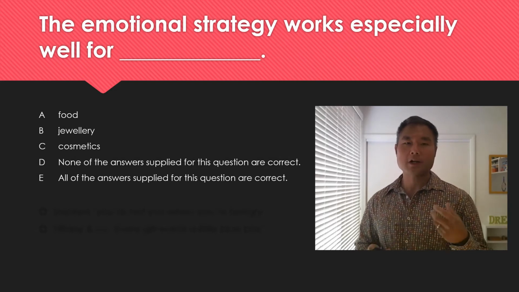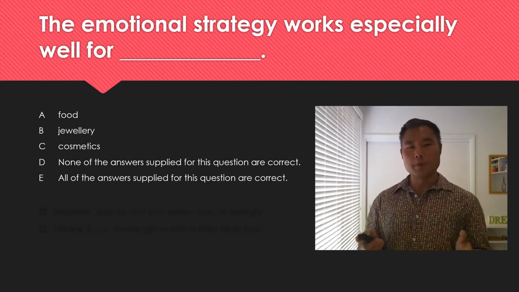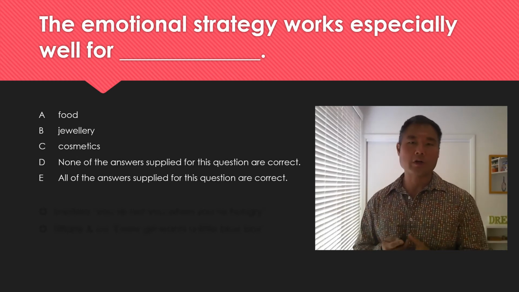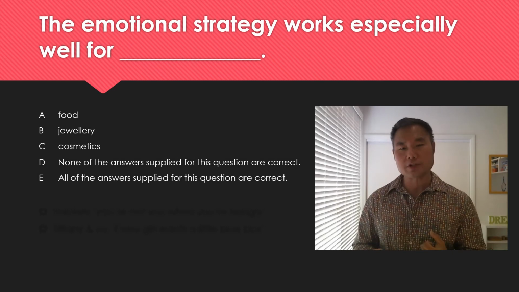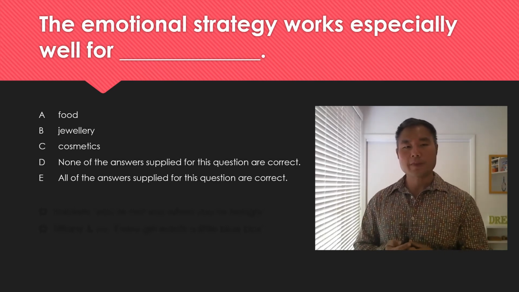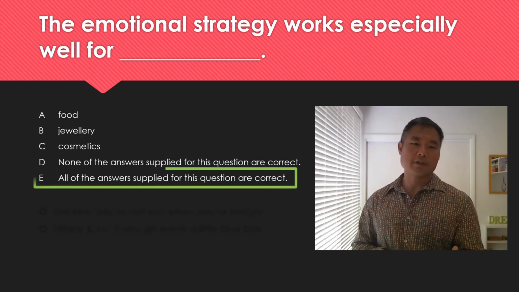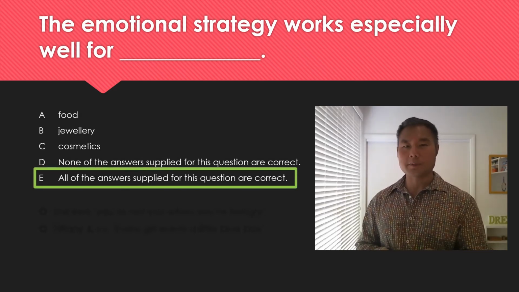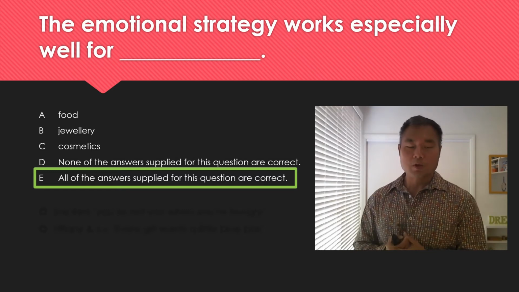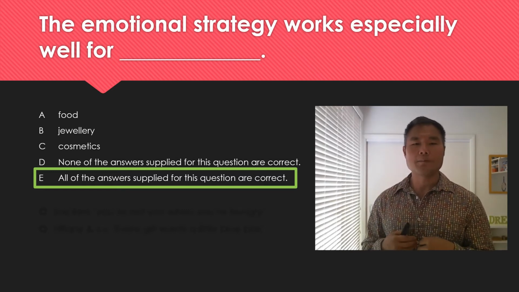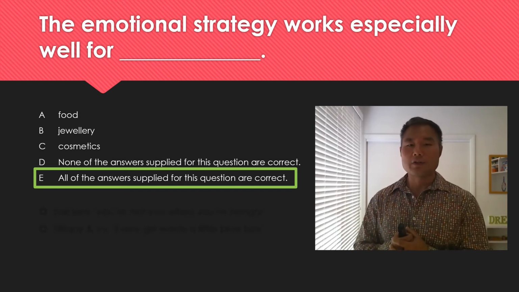So if we think about an emotional strategy, which is the final strategy within that middle category of creative strategies, looking at symbolic or experiential approaches, then an emotional strategy really works for all of the answers there, right? So food, jewelry, and cosmetics. And that's because it's based around hedonism, or appealing to people's desire to seek pleasure in life, to really enjoy life.